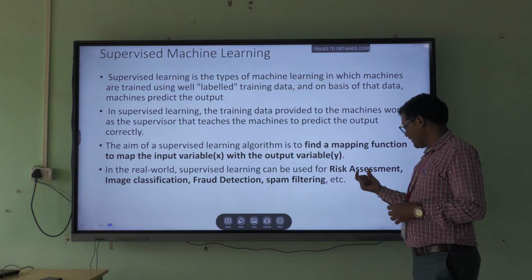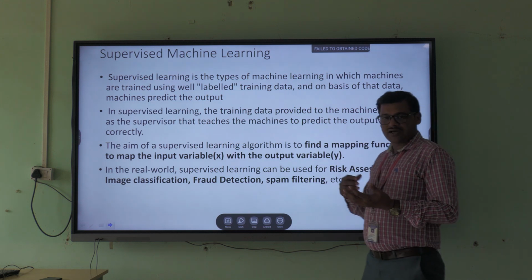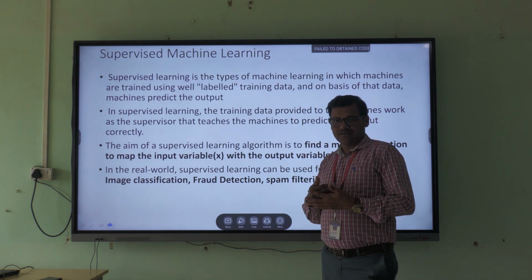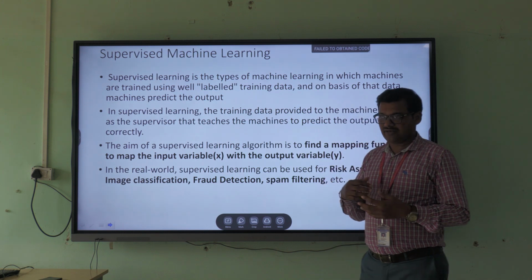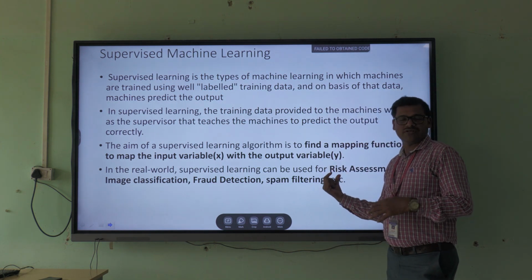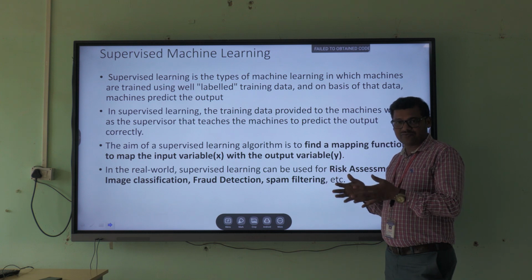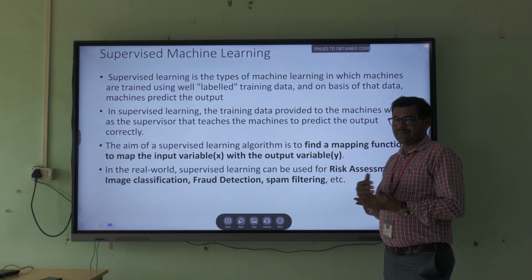Take risk assessment as an example. Say one organization wants to start a new plant to come up with some new productions. They are choosing places to install that plant, so they will collect a lot of information about the geographic area. They will find out all the parameters.